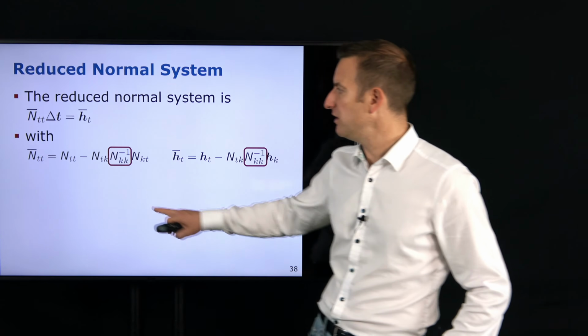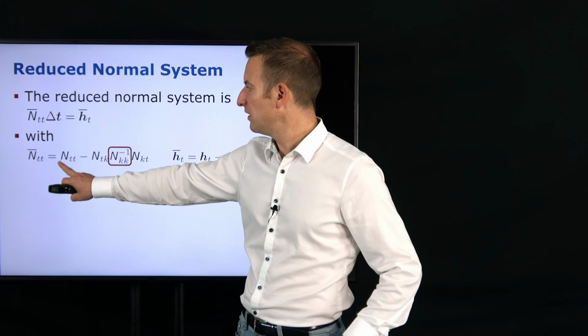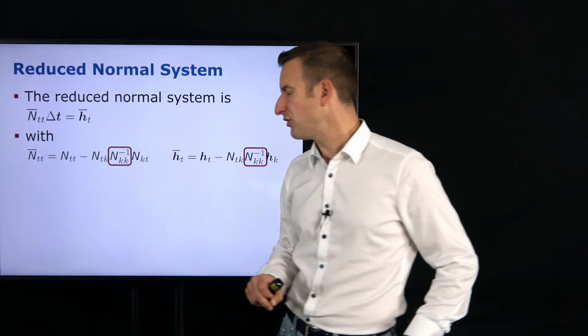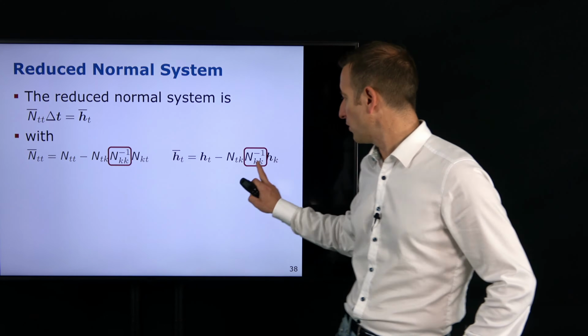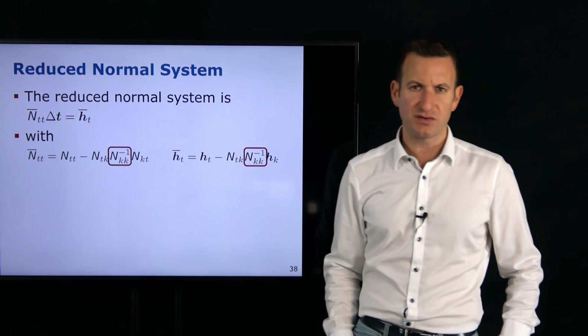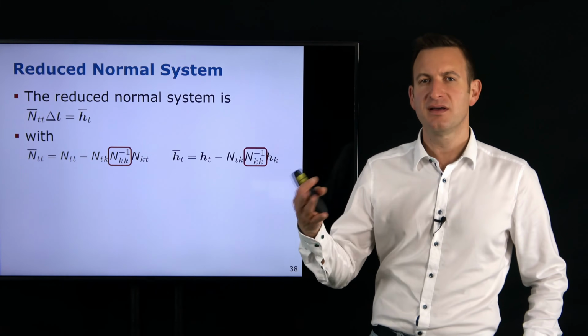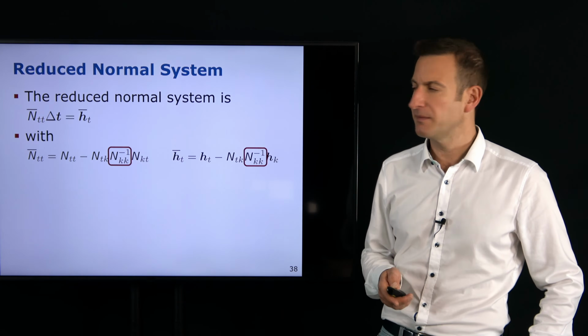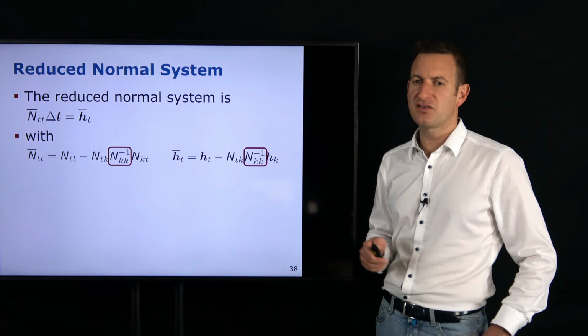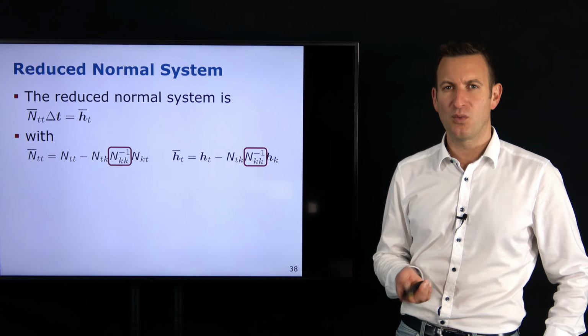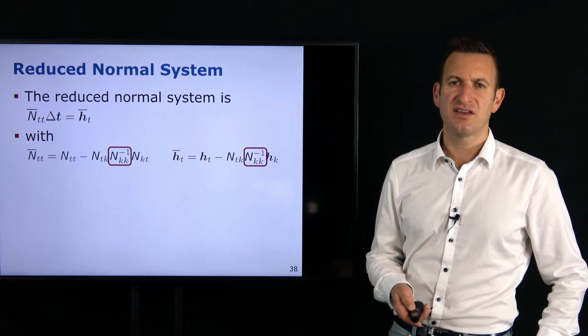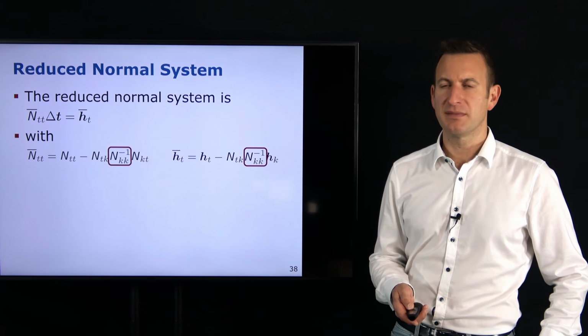So what we can see in here, in order to compute NTT, we just need elements from the matrix N and only 2 blocks that we need here, which requires a matrix inversion. So for computing this, we need to invert the NKK block over here. But the good news is that this is an operation which can be easily done. Why is this the case? The reason again is because we know it's a sparse block diagonal matrix.